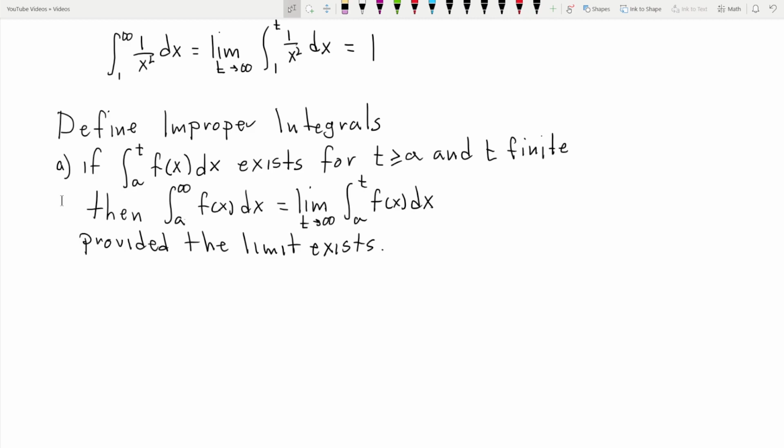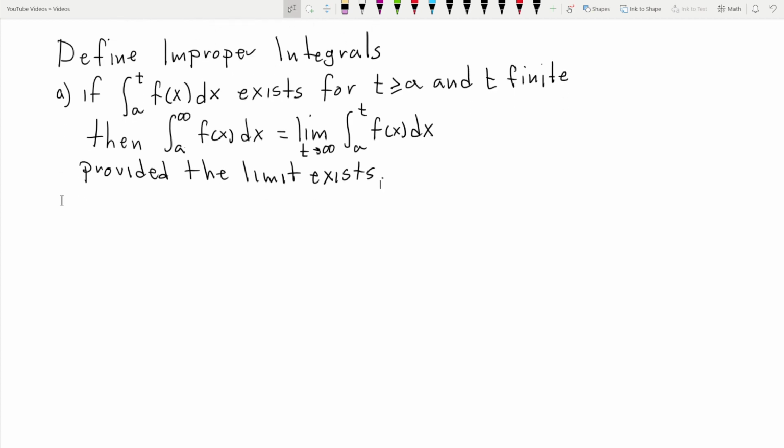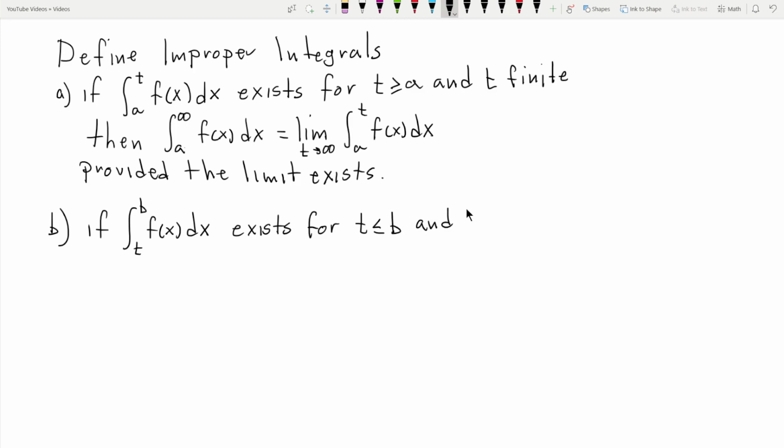Now, if the limit is on the other side, the second possibility is that we have the antiderivative from t to b of f of x dx exists for t less than or equal to b, and again, t is finite.